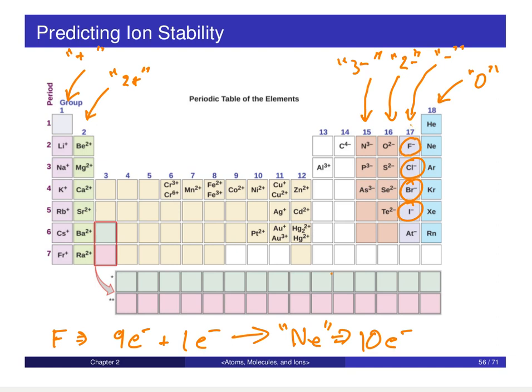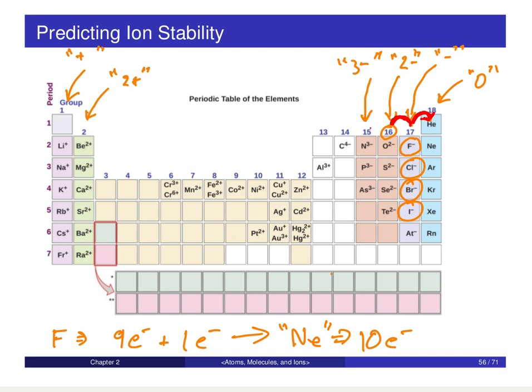All they have to do, if you're in group 17, is gain 1 electron, and then you'll look like a noble gas. Okay? If you're over here in group 16, you have to gain 2 electrons. We'll make that nice and right here. We have to go 1 to look like a halogen, another electron in order to look like a noble gas.